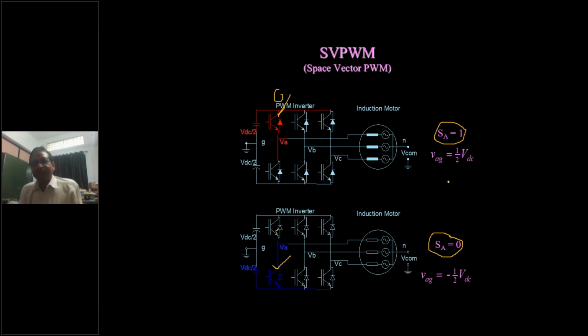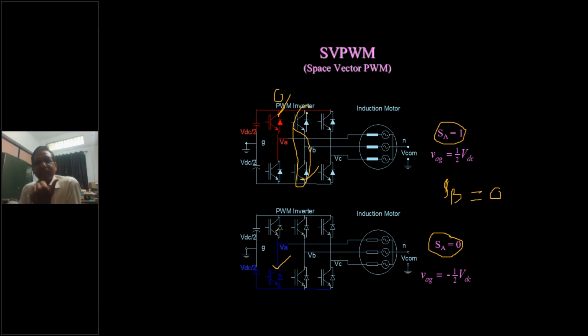If I say SB equal to 0, what is the meaning of this? The B phase lower switch is on. So for A phase there are two states: 1 means upper on, and 0 means lower on.